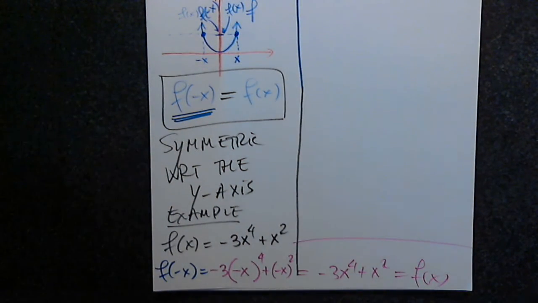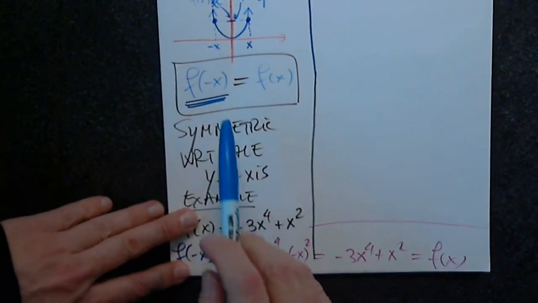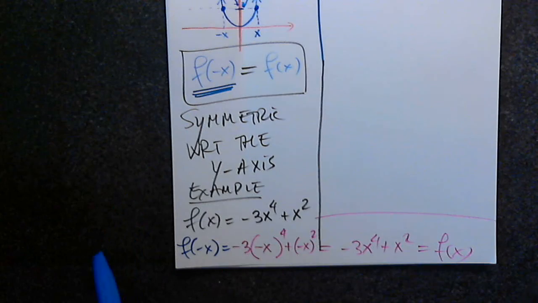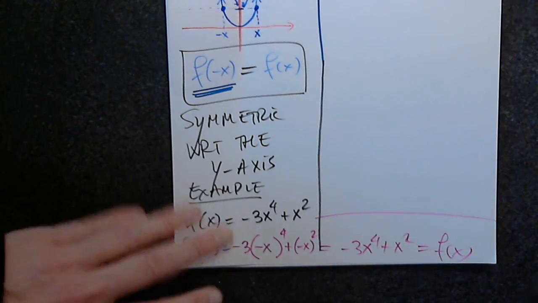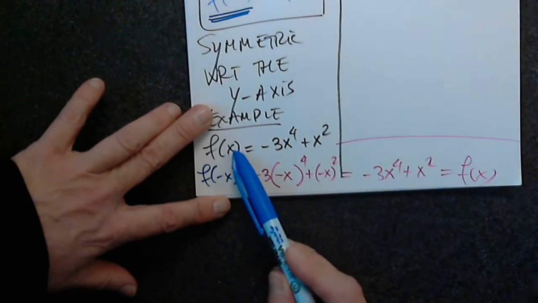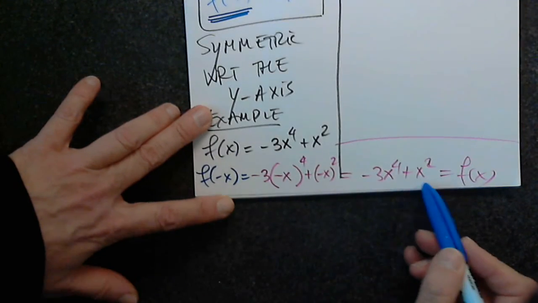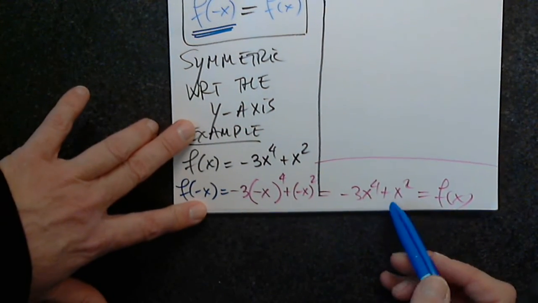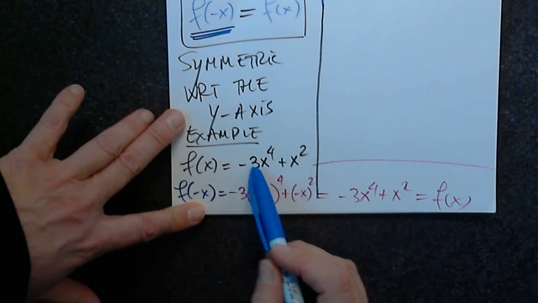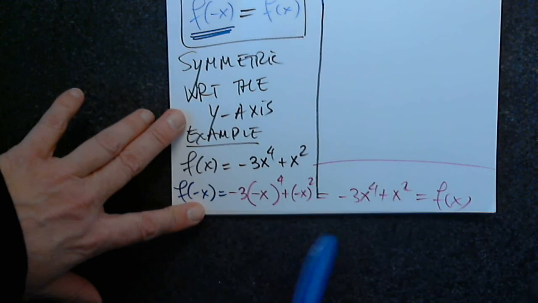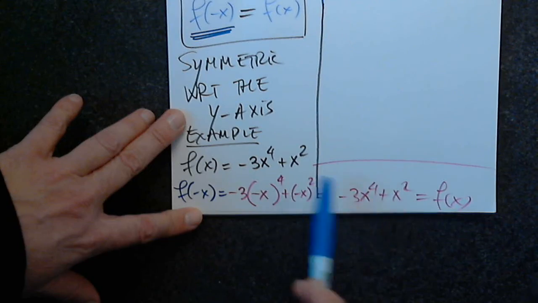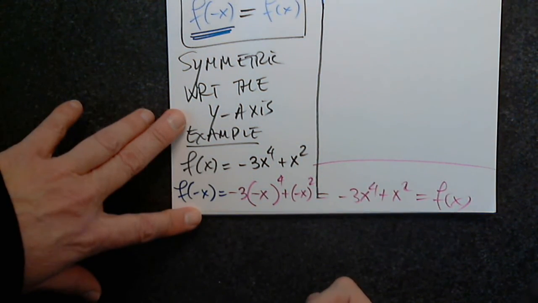So symmetric as long as f of negative x equals f of x. Or when I replace x in f by negative x, nothing changes. It's the same thing. F of x and f of negative x are identical. The function is even.